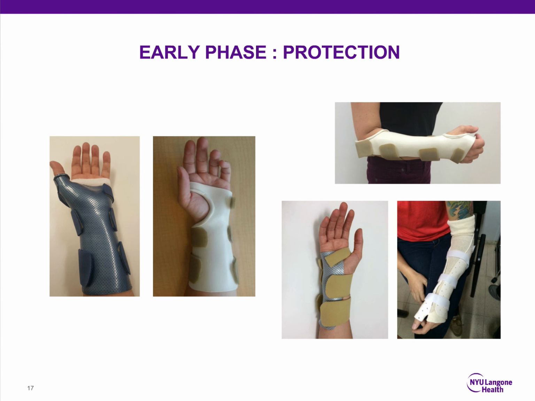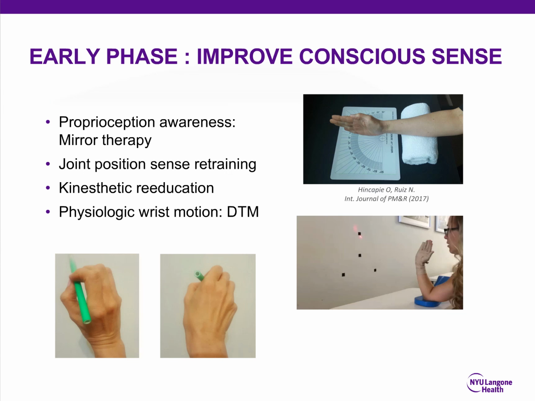In an early phase, in general, this is general for radial-sided and ulnar-sided injuries, we can have splints, thumb spicas, wrist braces, ulnar gutters, and sometimes when we have injuries of the ECU or the TFCC, we need to go above the elbow, preventing rotation of the forearm.